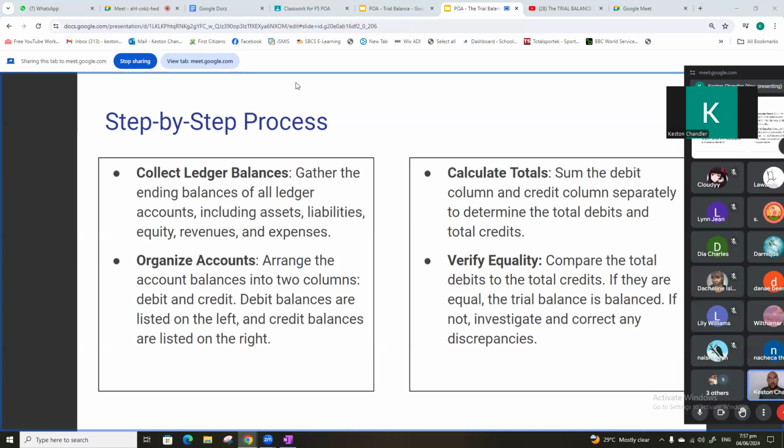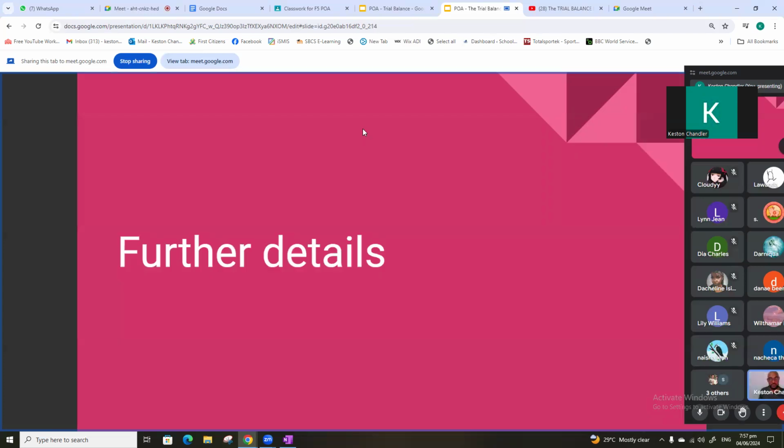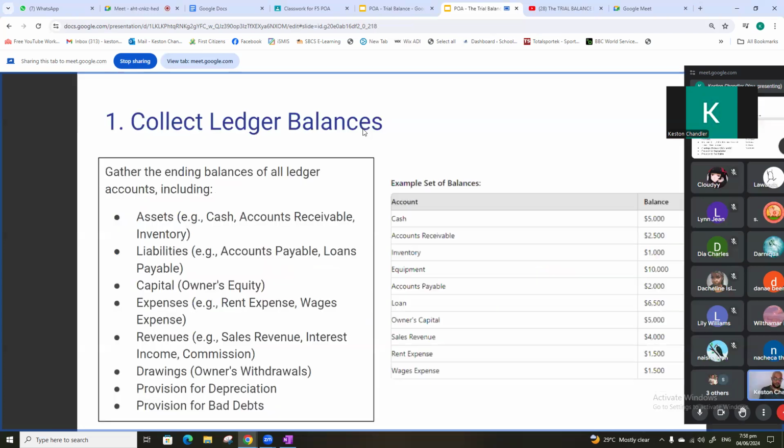If they are equal, then your trial balance is balanced, right? And your mathematical accuracy of entering these transactions was solid. If it's not, then you might be required to investigate and correct any kind of errors that you may have in your entry, right?